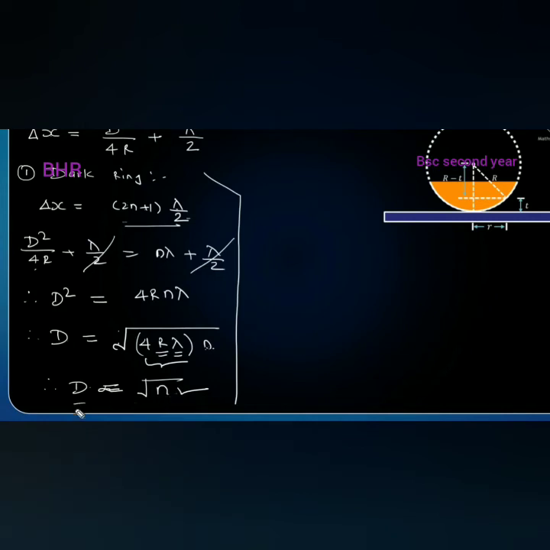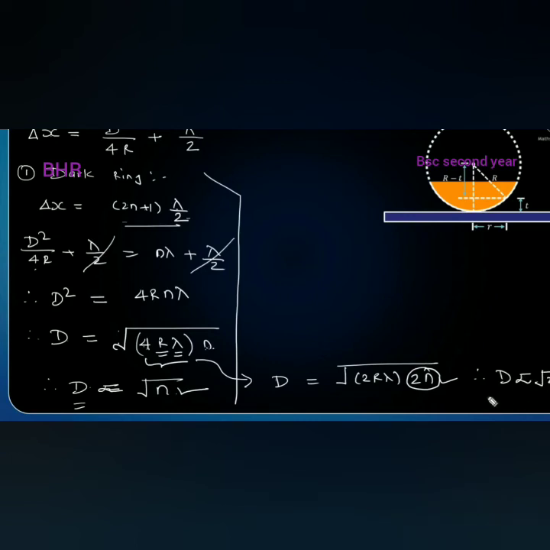Here n is an even number because here square root of 4R lambda n can be written as square root of 2R lambda into 2n. Here 2n indicates an even number. Therefore, here we can say that the diameter of the dark ring is directly proportional to the square root of even number.